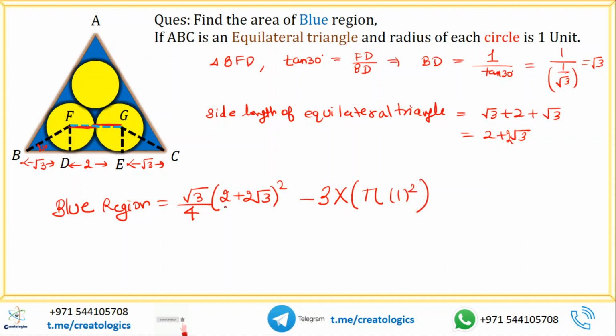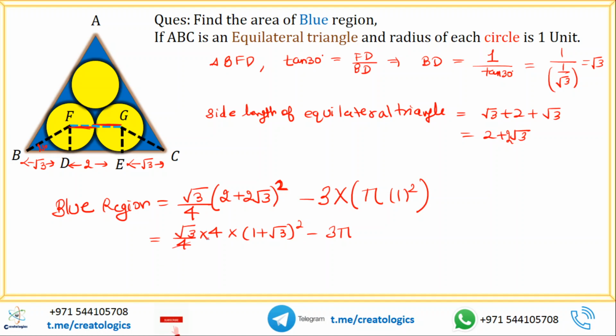Right? Now this 2 and 2, you can take it out common, and whole square is there. So it will come out as 4. So I'll get root 3 by 4 times 1 plus root 3 whole squared minus 3 pi.